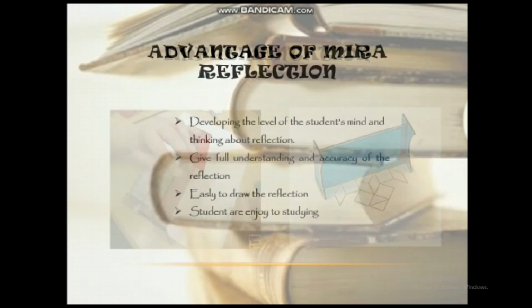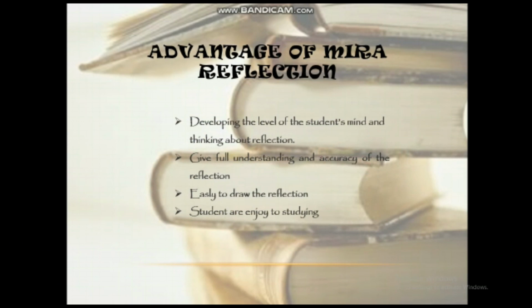Advantages and disadvantages. First, the advantages of teaching aids by mirror reflection. The first is developing the level of the students' mind and thinking. And next, making students use these tools more.